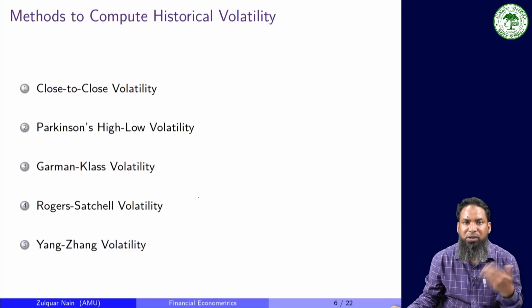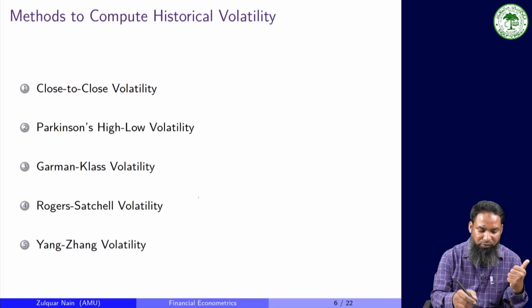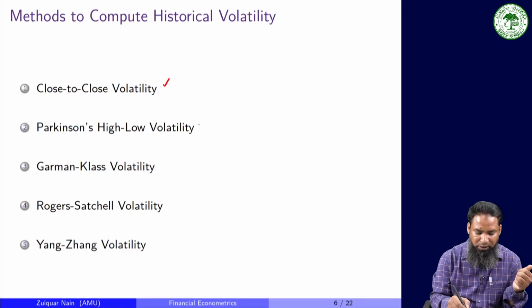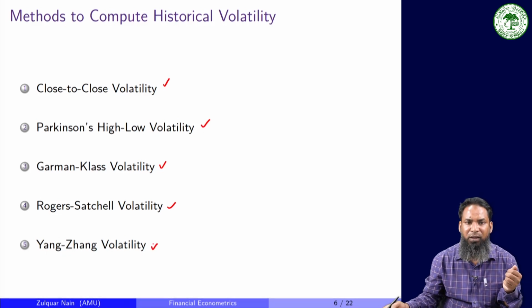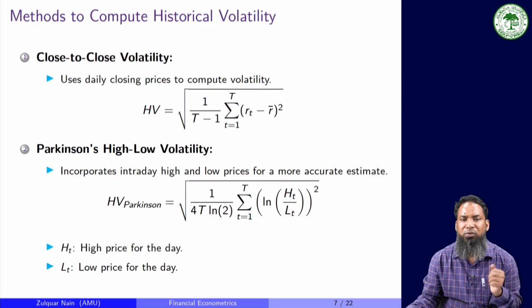What are the different methods we have to calculate the historical volatility? There are broadly 5 methods: the close to close volatility, Parkinson's high-low volatility, Garman-Klass volatility, Rogers-Satchell volatility, and Yang-Zhang volatility. So what is the close to close volatility?